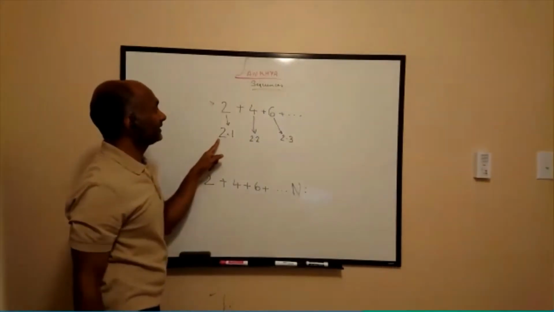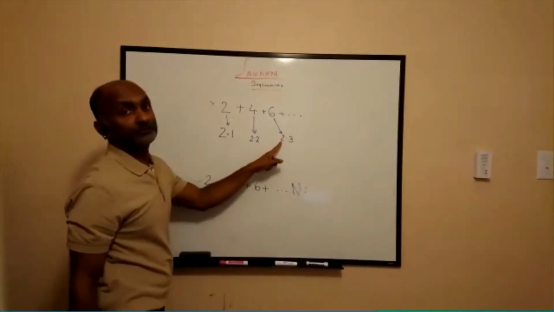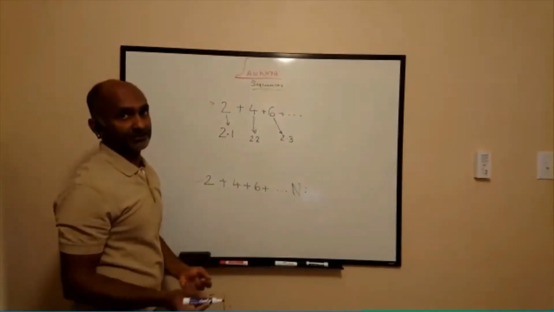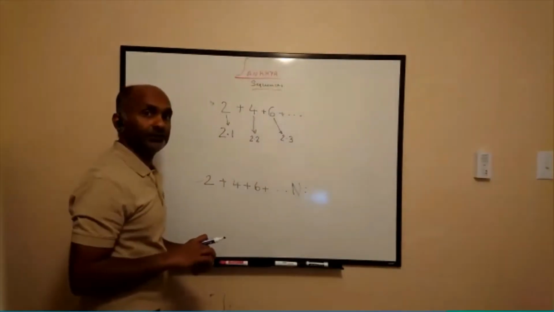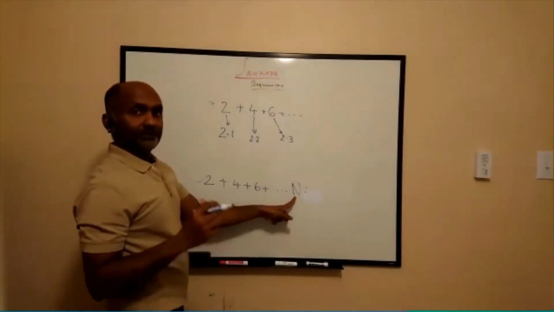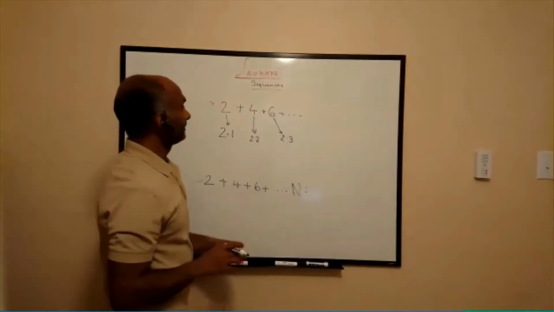So we have a common factor of 2 on all of them. And that's why we call it an even number, right? Because it has to evenly go into 2. So the last number is always 2 times something.